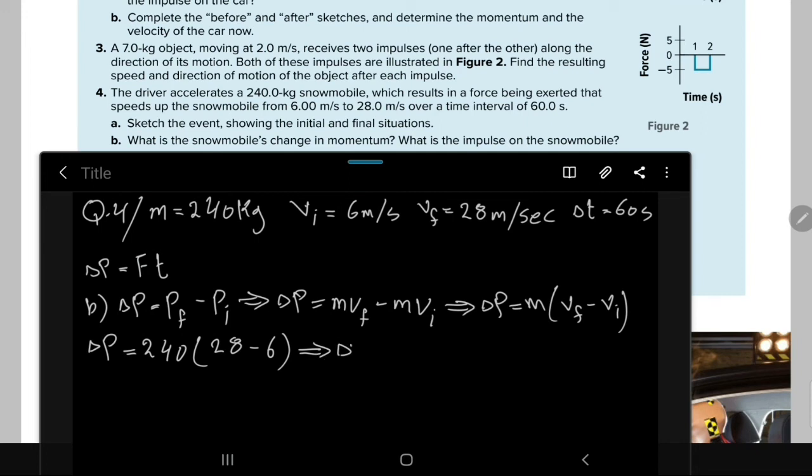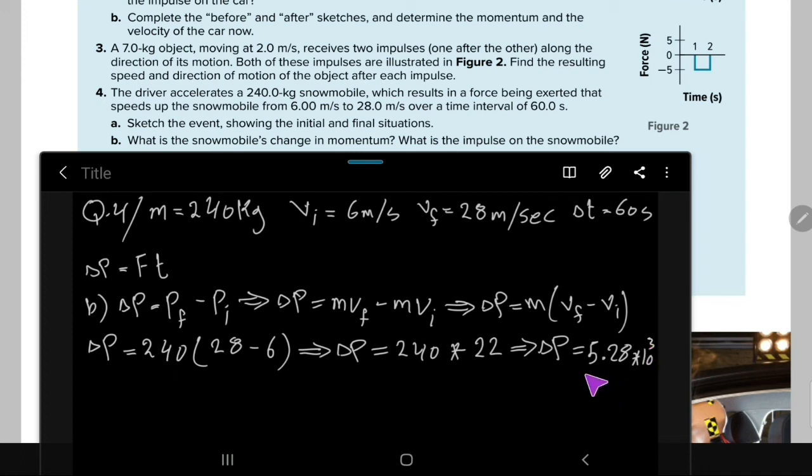So delta P equal to 240 multiplied by 28 minus 6, that's equal to 22. And after that, delta P equal to 240 multiplied by 22, that's equal to 5.28 multiplied by 10 to power 3.